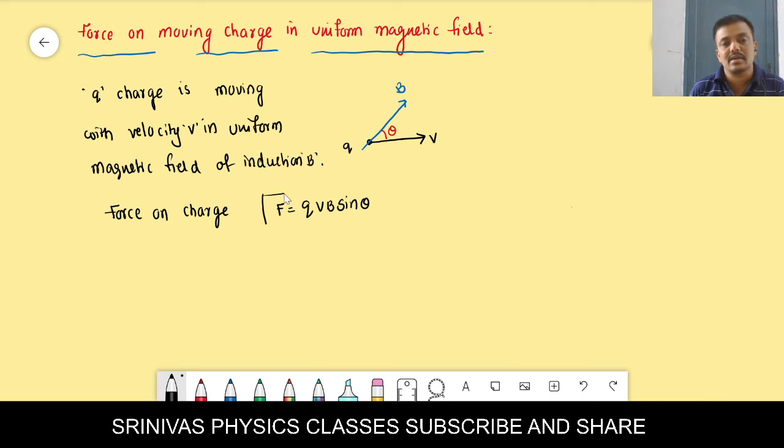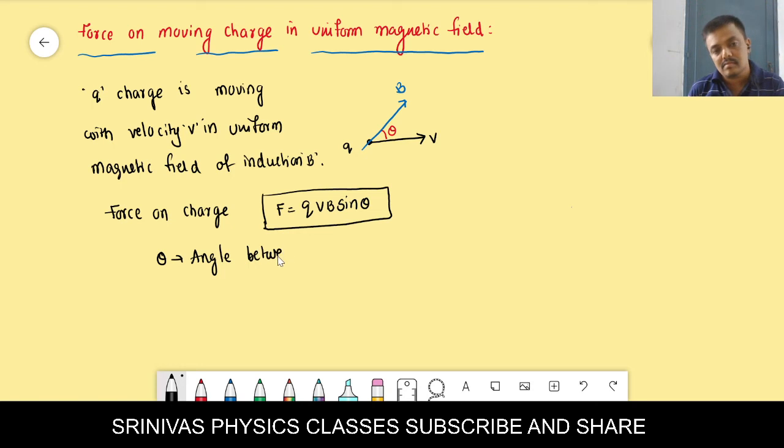You should remember it. If Q charge moves with velocity v in the magnetic field of induction B, then the force on the charge formula is QVB sin theta. What is v here? Velocity of charge. Theta is the angle between v bar and B bar.